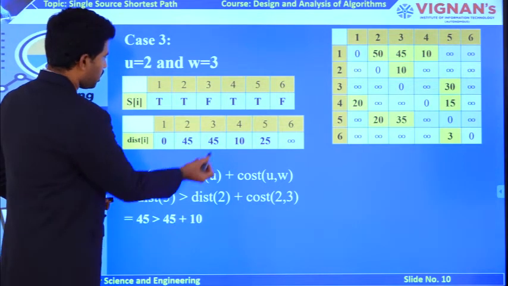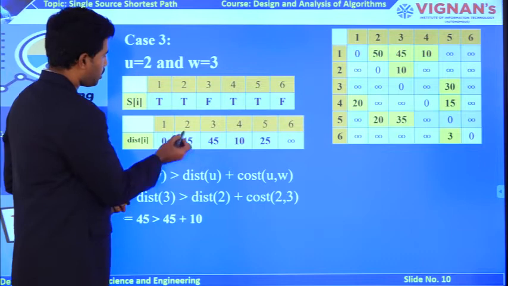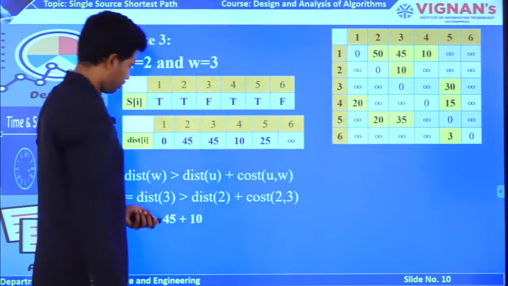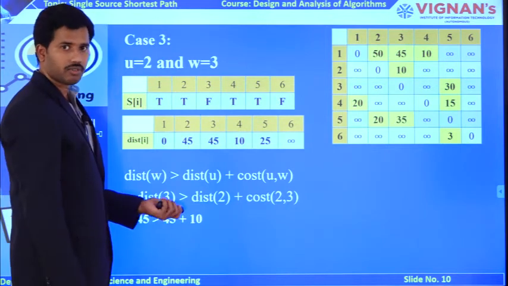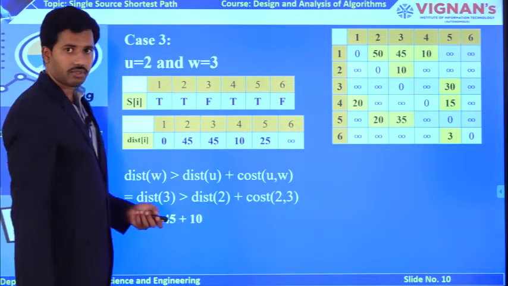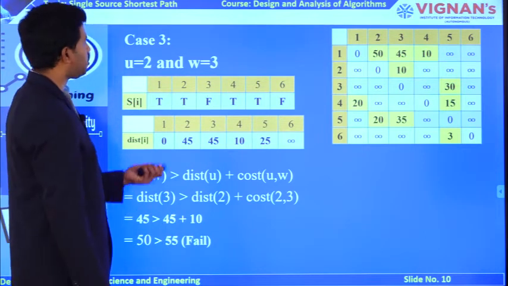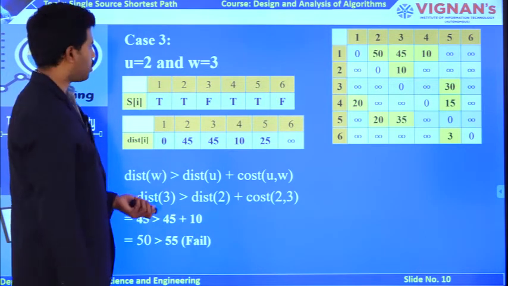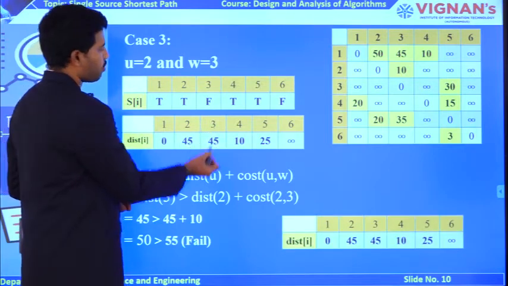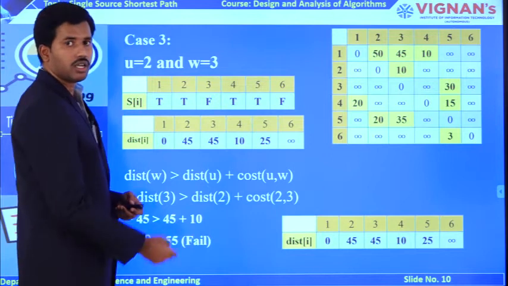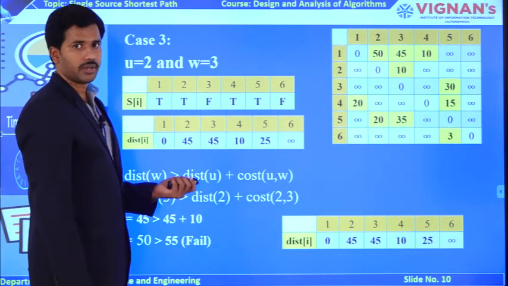The distance of 3 is 45 and the distance of 2 is also 45, and the cost from 2 to 3 is 10. So 45 plus 10 gives 55. Is 45 greater than 55? No, so my logic fails and it is not possible to update the distance of 3. The distance of 3 was previously 45, so the same output remains here, because my mathematical formula is failing.